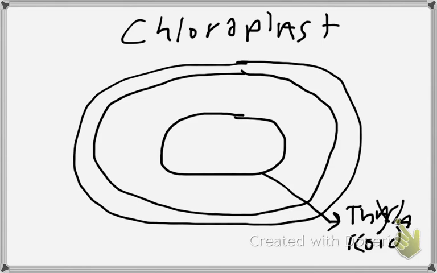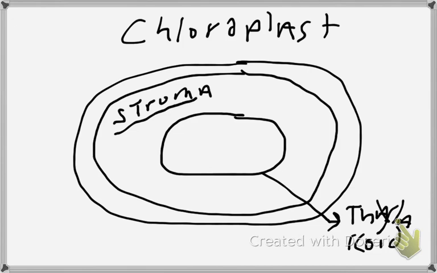photosynthetic reactions would happen, and in the other compartment is this sort of liquid space between the inner chloroplast membrane and the thylakoid membrane called the stroma. So again, that space between the inner chloroplast membrane and the thylakoid membrane is called the stroma.